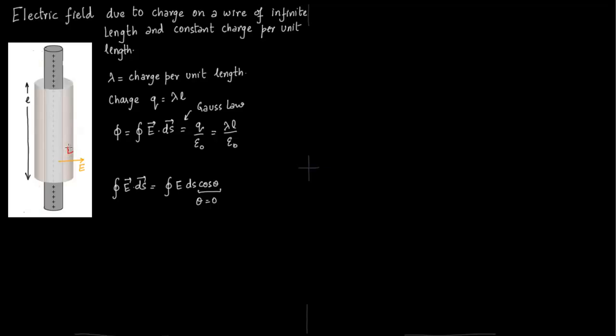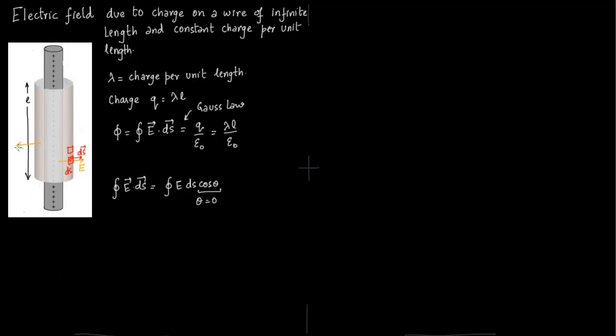You can also take a small surface area on this imaginary cylinder which we have made, just around where the electric field is passing. To that surface area you associate a dS vector which is perpendicular to the surface, and you can clearly see that the electric field and dS vector have angle 0 between them.